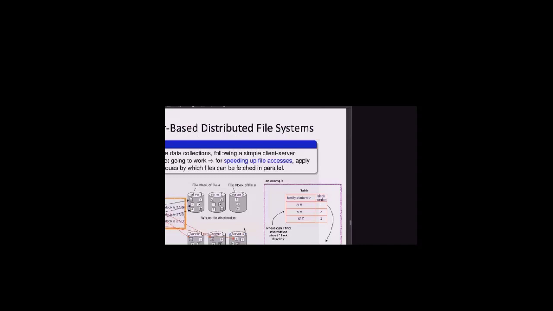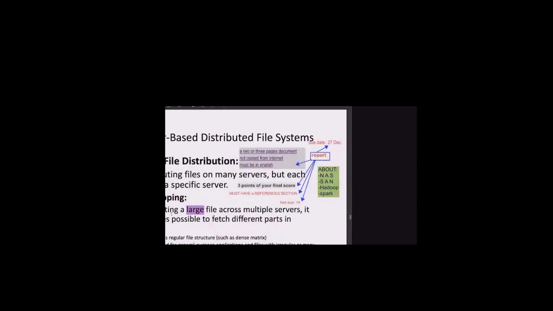So this file stripping is, first, more suitable for large files. If you use simple and small files, this model is not quite effective. It's a waste of time, it's overkill. And this is so important: if we have a regular file structure, then we can use file stripping. What is a regular file structure? This table.